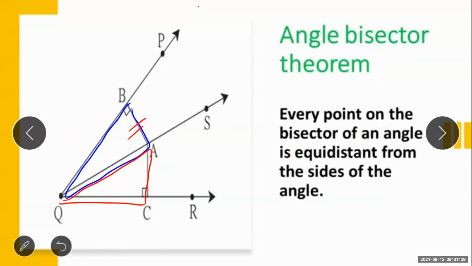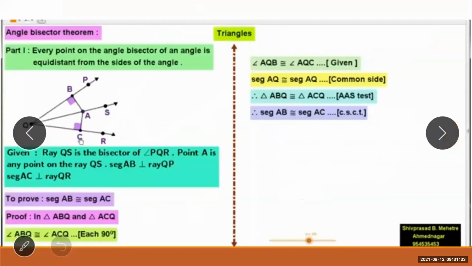Easy. Yes. Now let's see the theorem. Here is the proof. Angle bisector theorem. Every point on the angle bisector of an angle is equidistant from the sides of the angle.